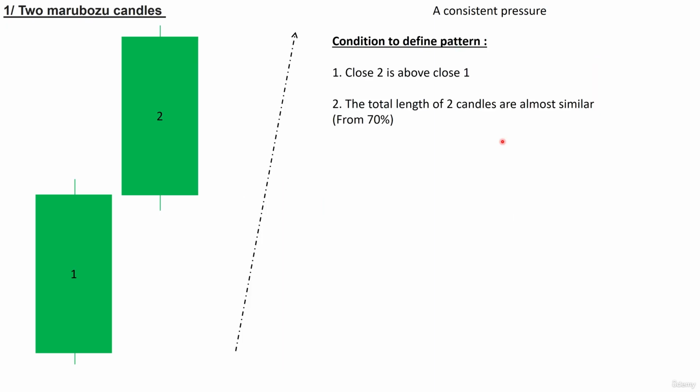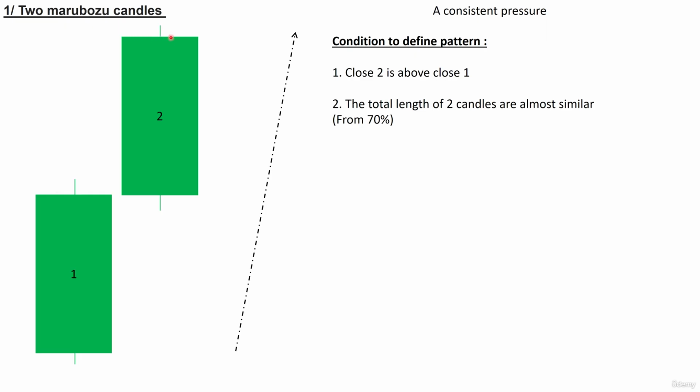You can see my detailed rule right here. The key thing we want to see in a pattern like this is consistent pressure in the market, and in this case that is buying pressure. The first condition to define the pattern is that the close price of the second candle is above the close price of the first candle.